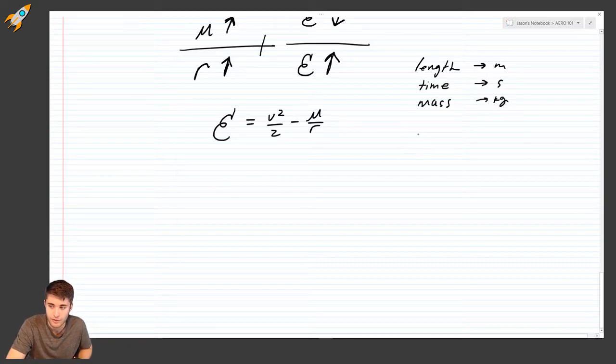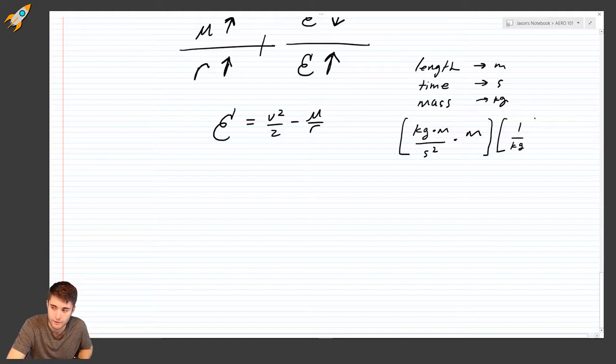But joules, which is a force multiplied by distance, kilograms times meters per second squared multiplied by meters. This is a joule, and then you divide that by mass, right? Joules per kilogram. You divide that by kilogram, cross off the kilograms, you get meters squared per second squared.